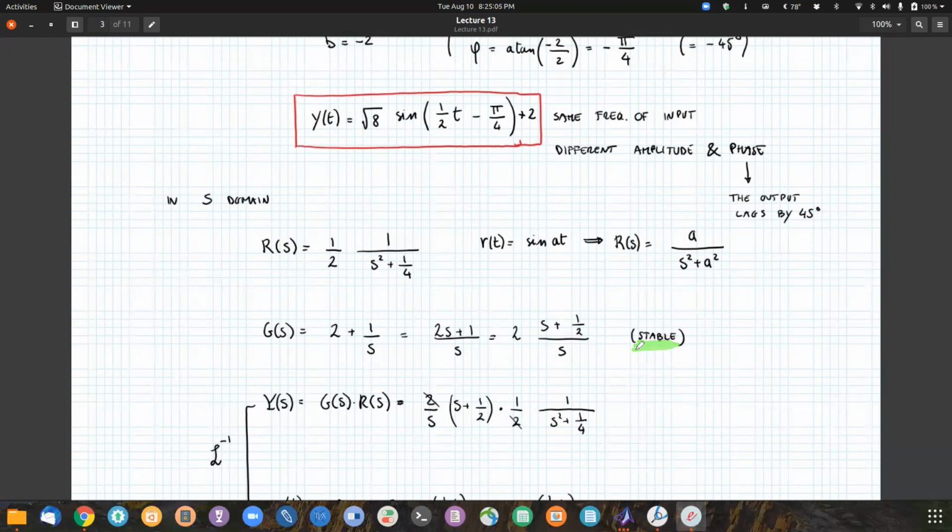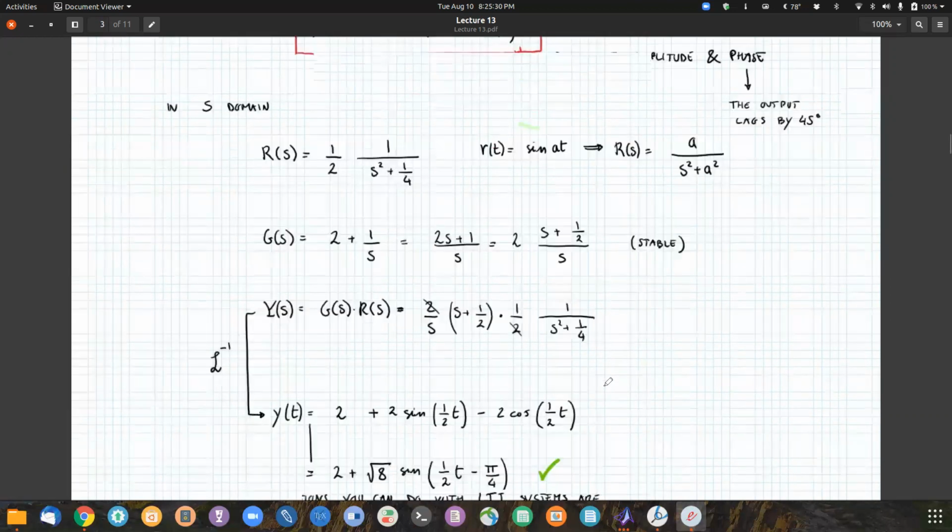It's not stable as in asymptotically stable, but it is marginally stable. So having 1 pole at the origin, we expect the output to be a sinusoidal with the same frequency as the input, but shifted by a constant. And in this case, the constant is +2.